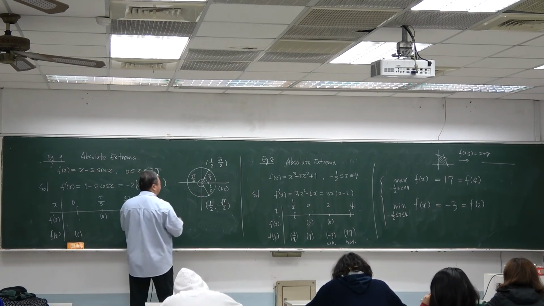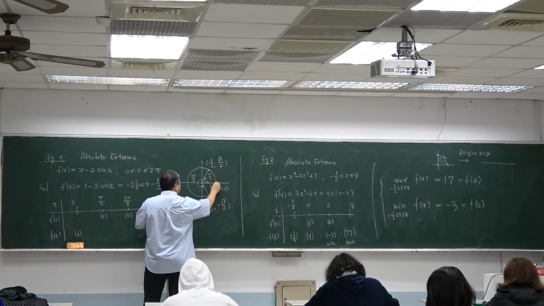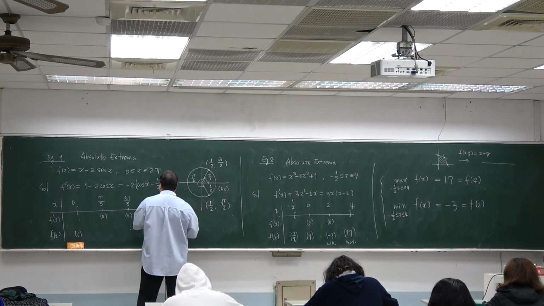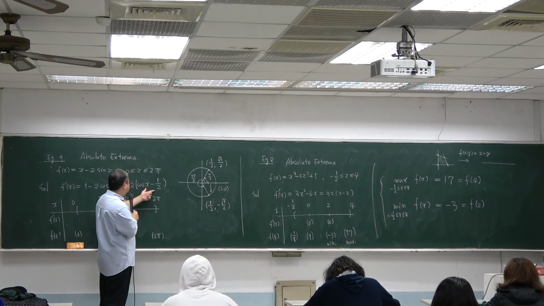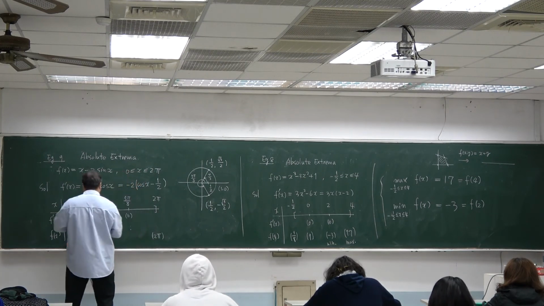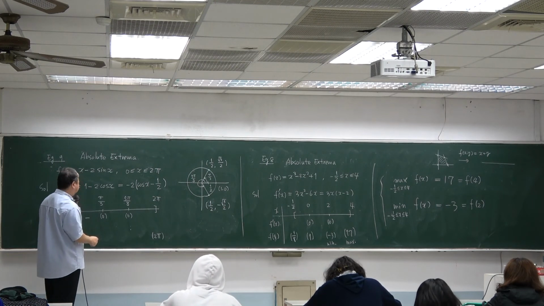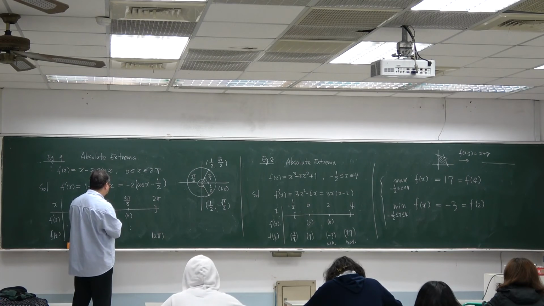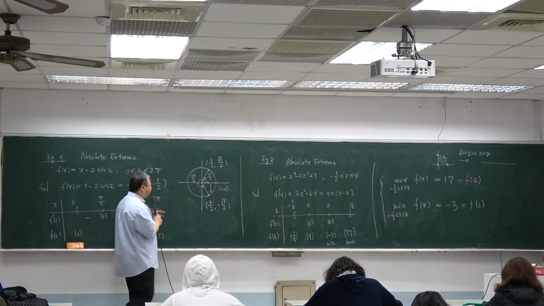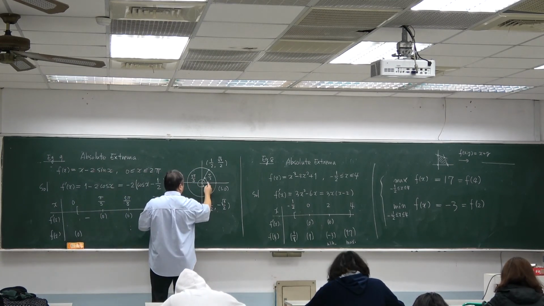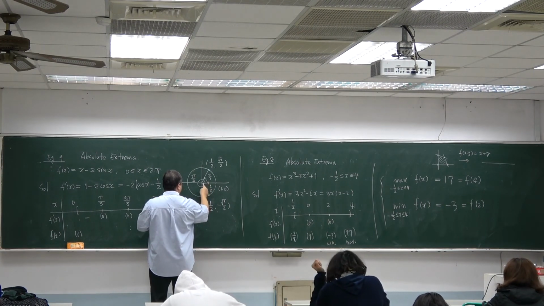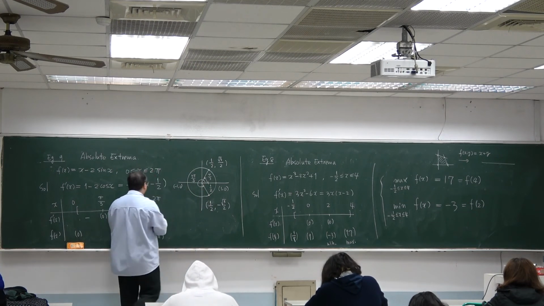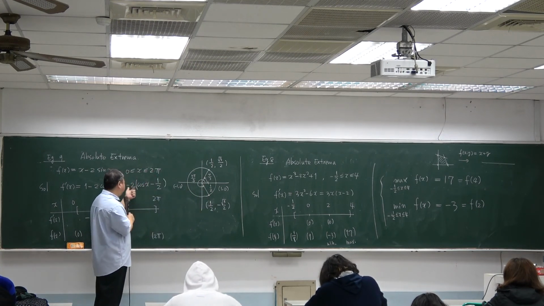If x is between 0 and pi over 3, then cosine is greater than 1/2, so this is positive minus, so this is negative. If x is between pi over 3 and 5 pi over 3, then cosine is less than 1/2, so this is negative and negative is positive.